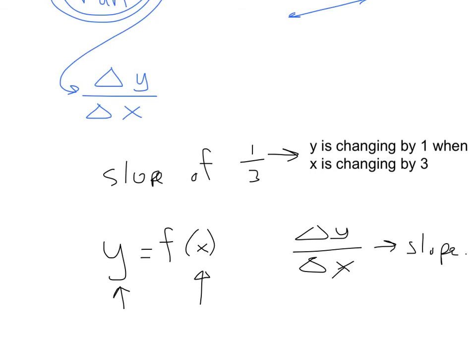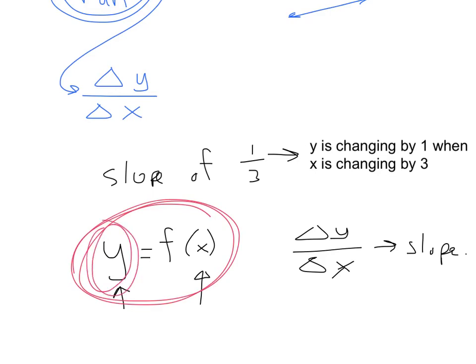But it should make us wonder, what if I had a function that wasn't with y and x? What if I had a function that had different quantities? What if y stood for something different and x stood for something different? What would that derivative mean? Would that thing still be slope? Even if it was slope, would that derivative have some other meaning?